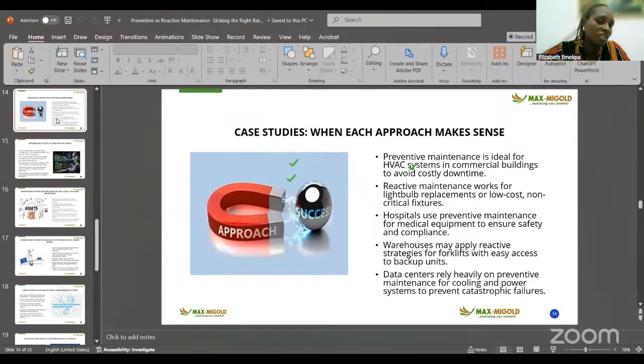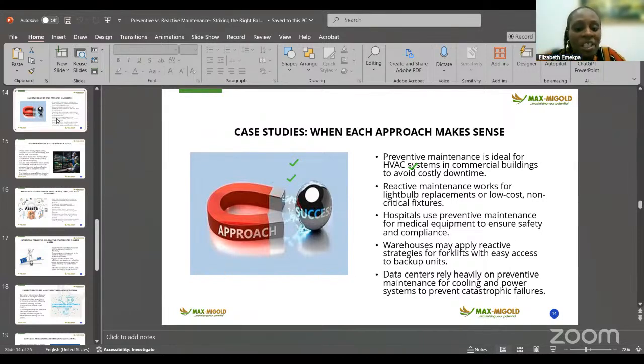If all of this, HVAC system, generator, water pumping, lighting and all, especially in factories and companies, are properly maintained, you don't have any service shutdowns. You don't have any issues. Reactive maintenance works for light bulbs, as I have explained, replacement of low-cost or non-critical fixtures, okay?